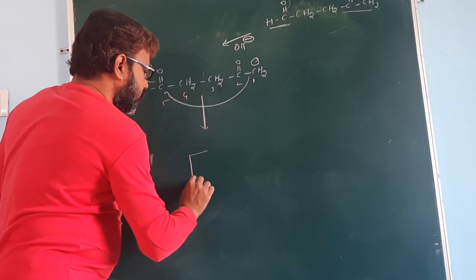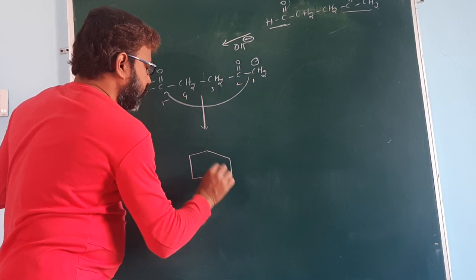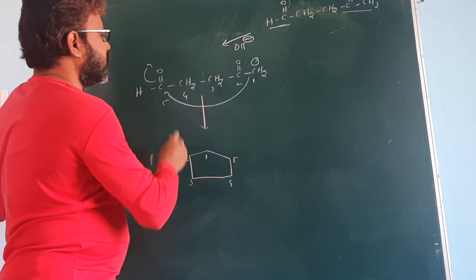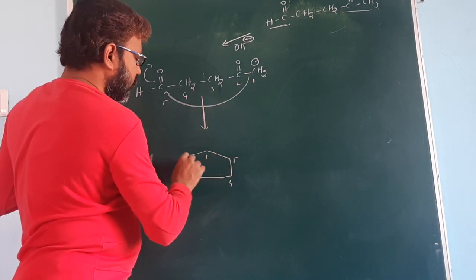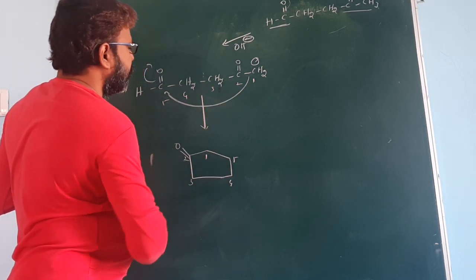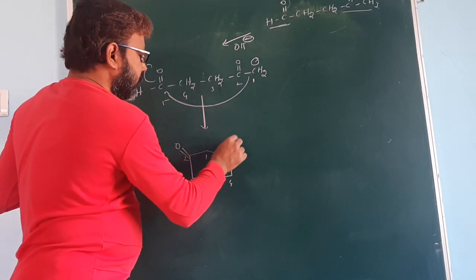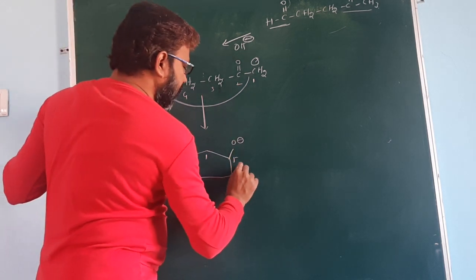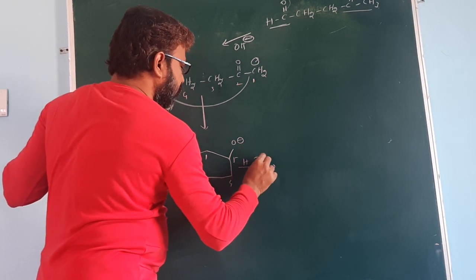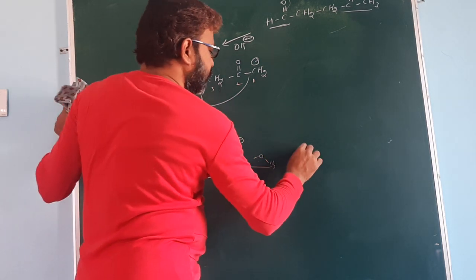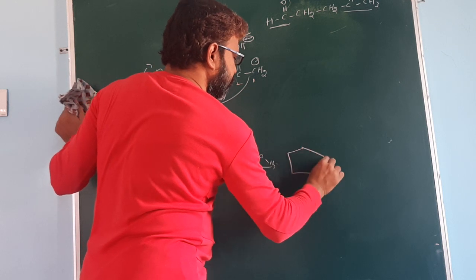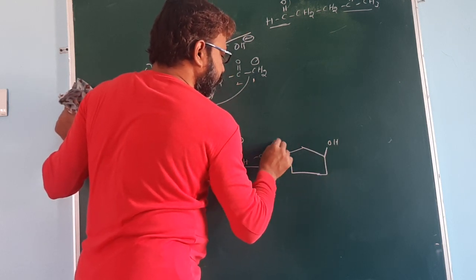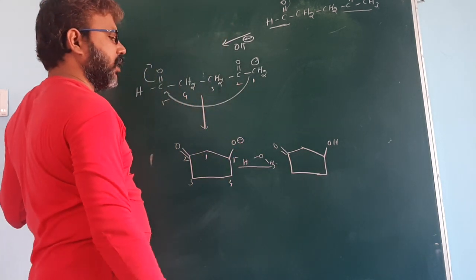So the second carbon has double bond O. So the fifth carbon has O minus. It accepts the proton from water. It is converted into this beta hydroxy aldehyde.